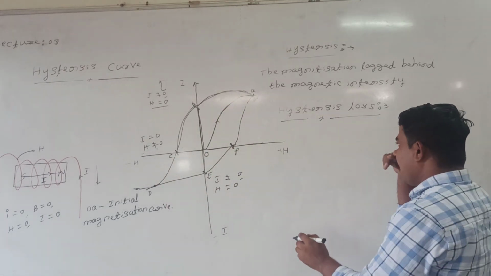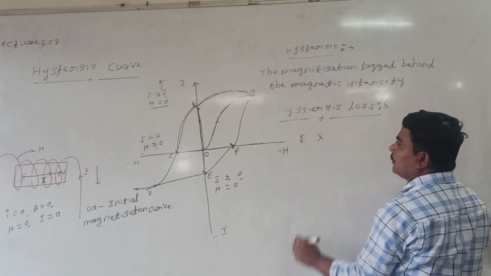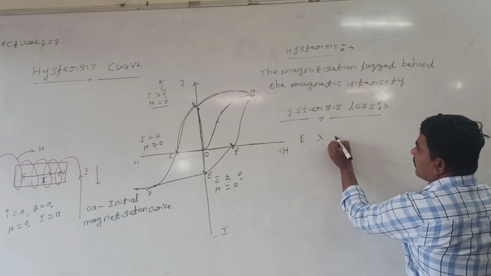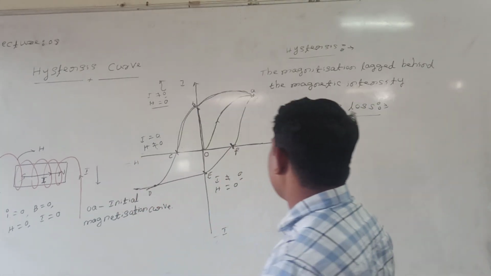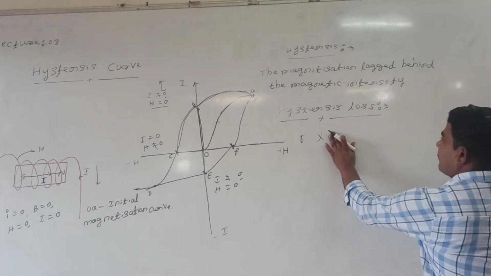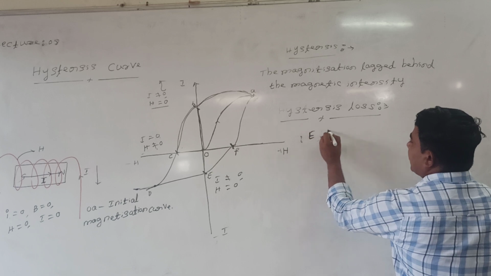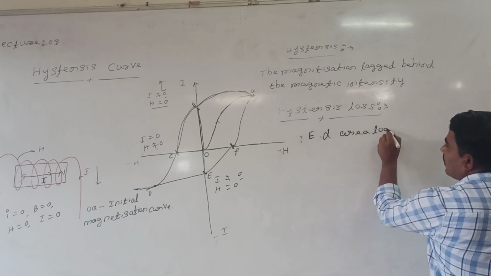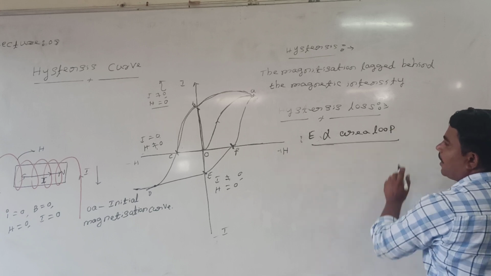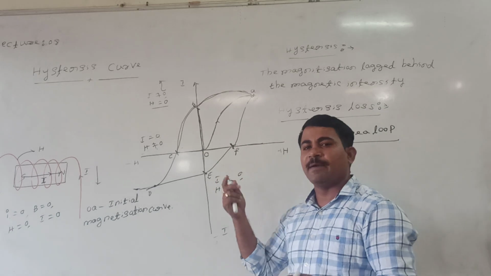Directly I can say the energy loss is directly proportional to the area enclosed by the loop. More the area, more the energy loss in a ferromagnetic material.